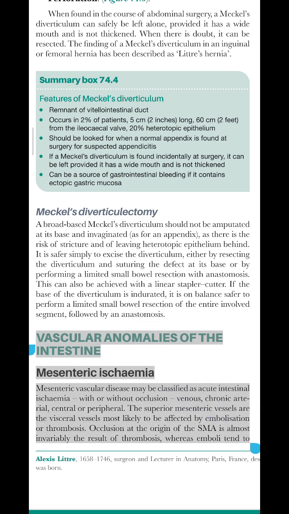Vascular anomalies of the intestine. Mesenteric ischemia. Mesenteric vascular disease may be classified as acute intestinal ischemia, with or without occlusion, venous, chronic arterial, central or peripheral. The superior mesenteric vessels are the visceral vessels most likely to be affected by embolization or thrombosis.